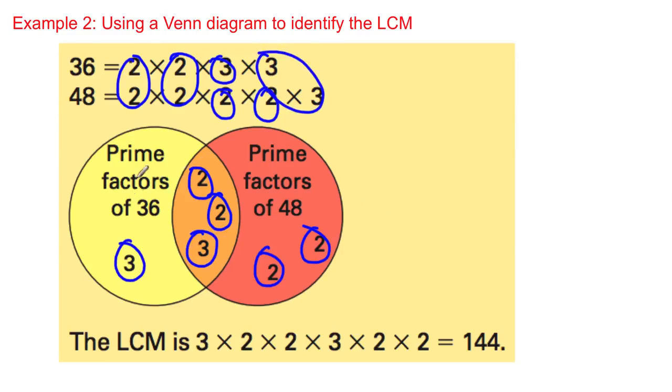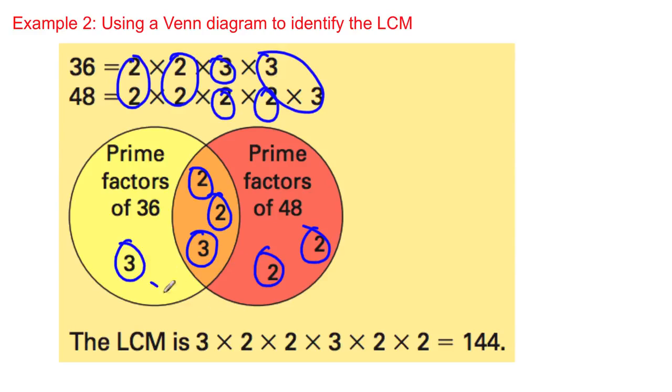Now, here's the difference. The difference is after you've broken this down to prime factorization, the lowest common multiple is all of these numbers, as opposed to just the numbers that are shared. In the greatest common factor, you'll just have these numbers. In the lowest common multiple, you're using all the numbers.